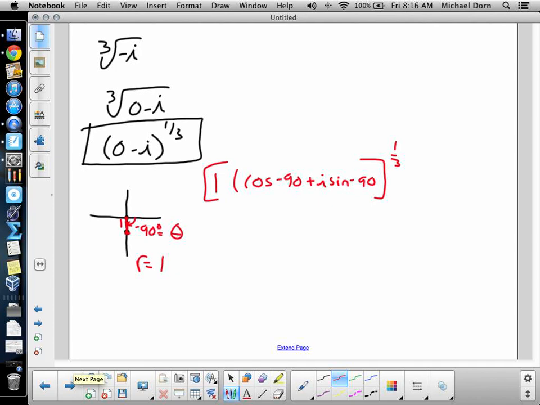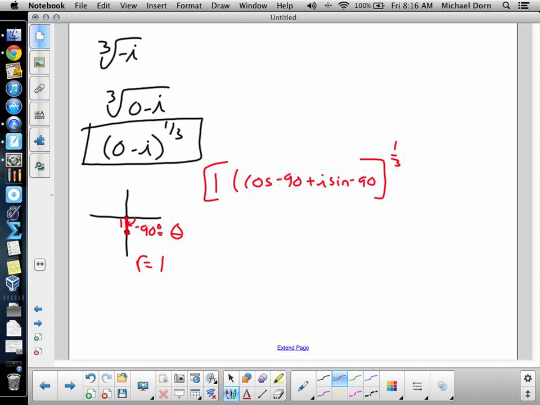Now, this will make a little bit of difference if you choose 270 or negative 90. You'll get different answers. Both are correct. Because we know that there are 3 cube roots of negative i. I'll show you both ways here real quick.